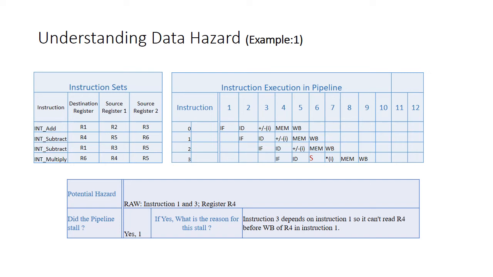That means a hazard occurs for the register R4 with instructions 1 and 3. Instruction 3 depends on instruction 1 for the register R4, so it cannot read R4 before the write back of R4 in instruction 1. So here a stall time, a delay time, occurs, and this is the stall.